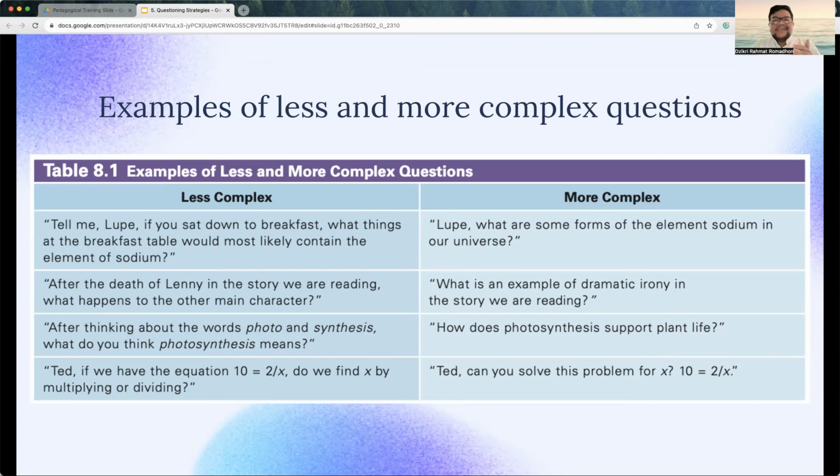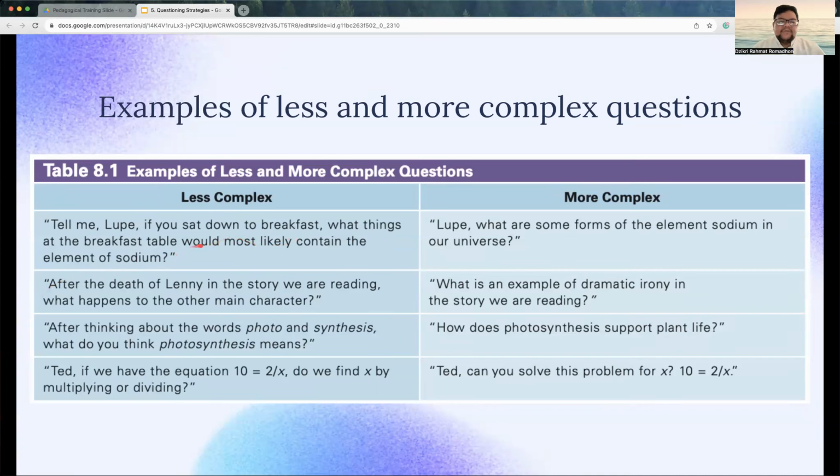But for a more complex one, they have to analyze and combine everything they know into a new sentence. For example, a less complex question.